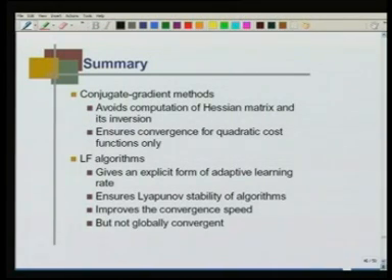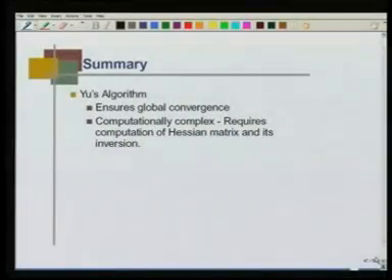We have not been able to prove that our algorithm is globally convergent, but we say that the convergence property of our algorithm is much better than the present schemes. And Wu's algorithm ensures global convergence, however it is computationally complex, requiring computation of the Hessian matrix and its inversion. So, it is of theoretical interest only.